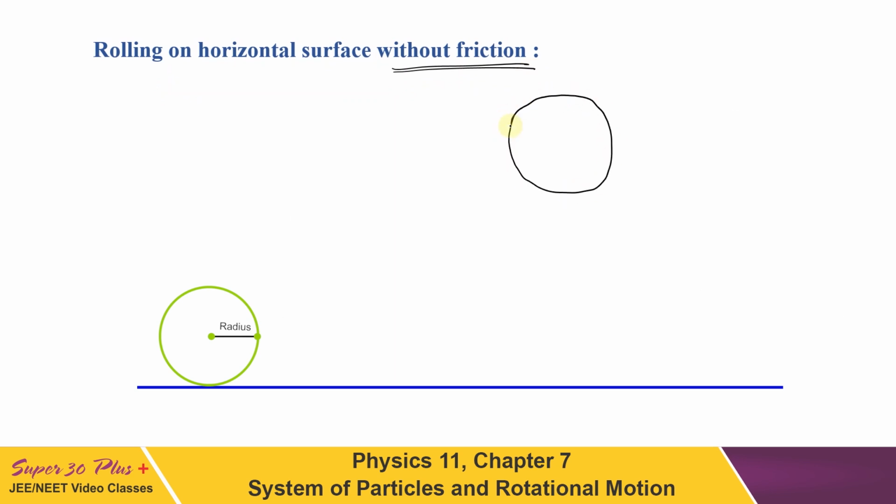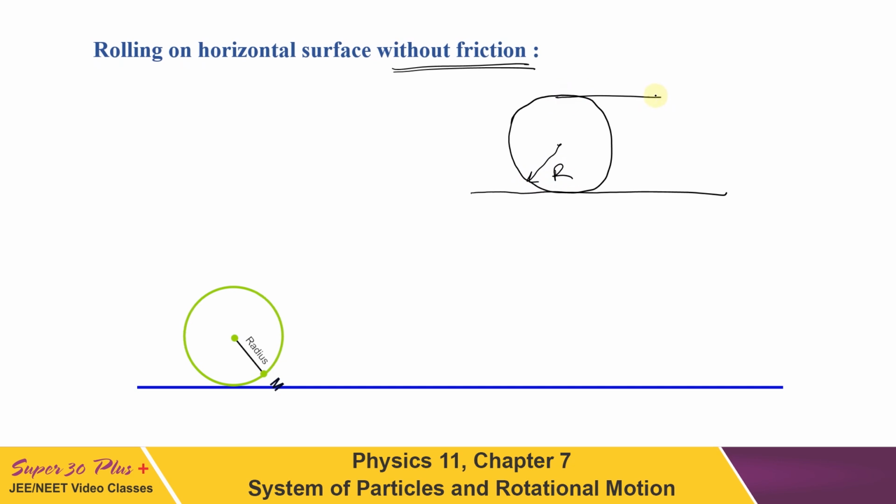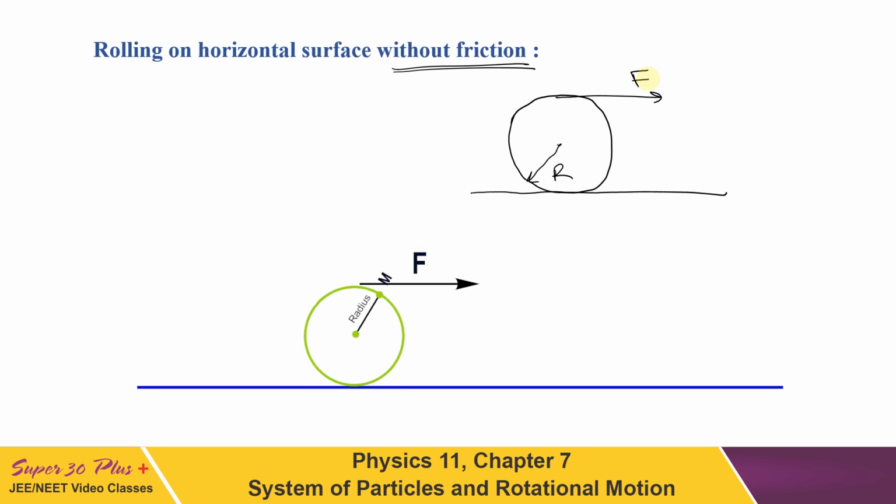It is an object which has to roll on the surface, and for this rolling to start, an external force is applied like this. Here, for mathematical simplicity, I am considering our object to be a ring of mass m and radius r.